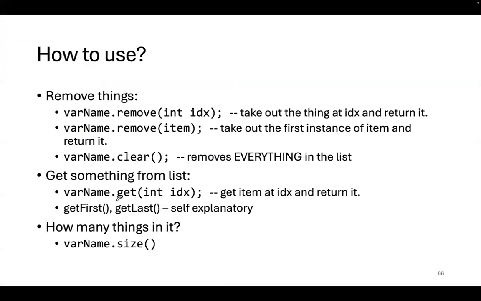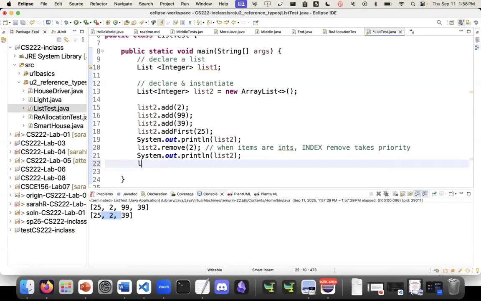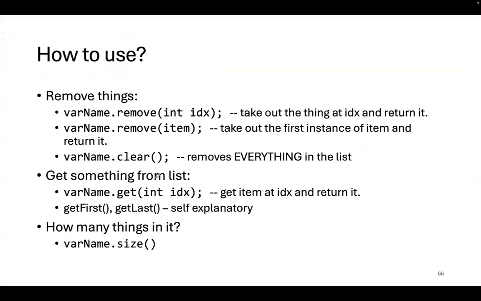To access items, instead of using angle brackets to just get an item, I need to say .get. And then that will allow me to receive that indexed item. getFirst and getLast are fairly self-explanatory.